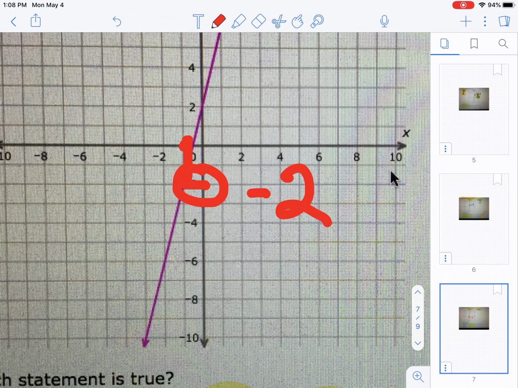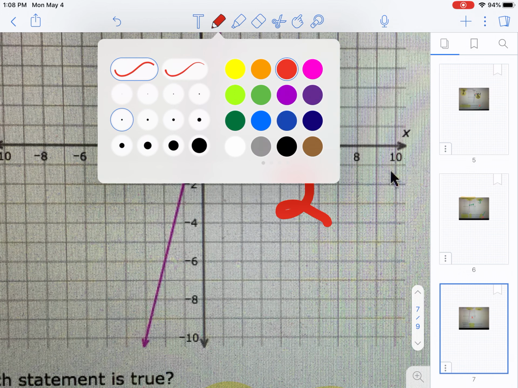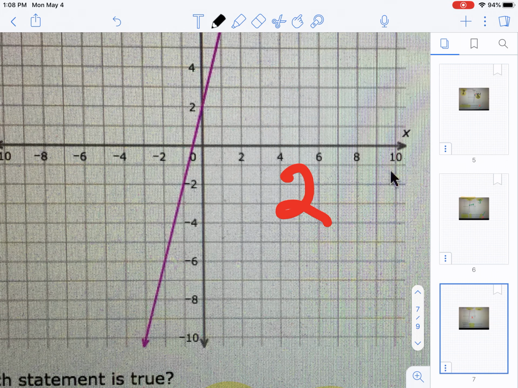Okay, so I'm going to erase that so you can see a little better. So the x value is -1, and if you go down and across, you can see that the y value would be -2 when x is -1.